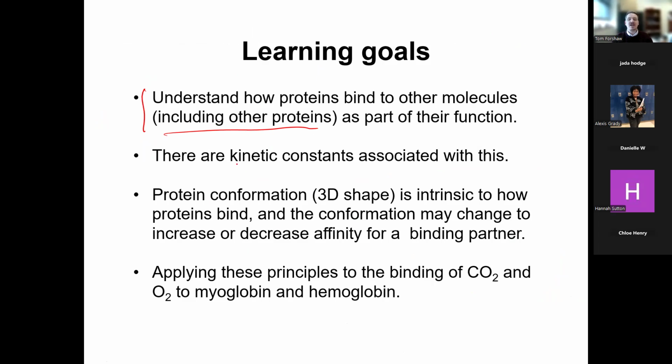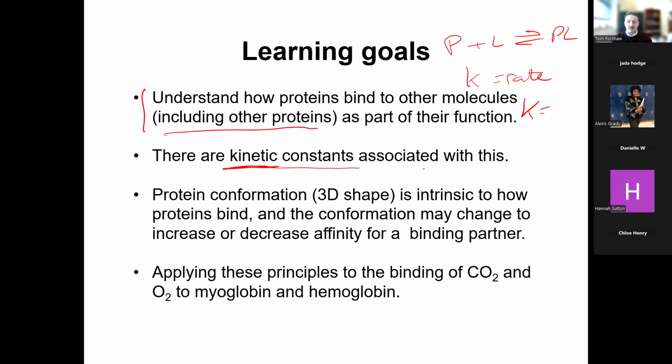Now, because these are two separate molecules coming together, we can measure how fast they come together. And there are kinetic constraints. It's also something which is in equilibrium, where we have protein plus ligand comes together to form a protein ligand complex. And since it's in equilibrium, you've got the rate at which it comes together, which is given by a lowercase k, but there's also an uppercase K. What does the uppercase K signify in an equilibrium?